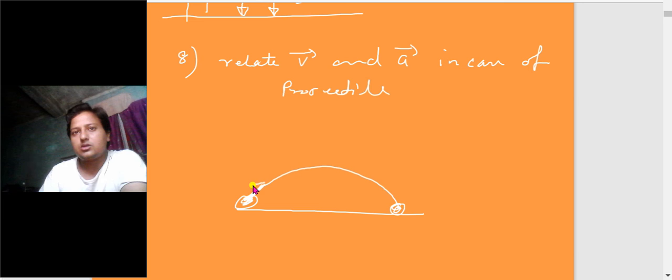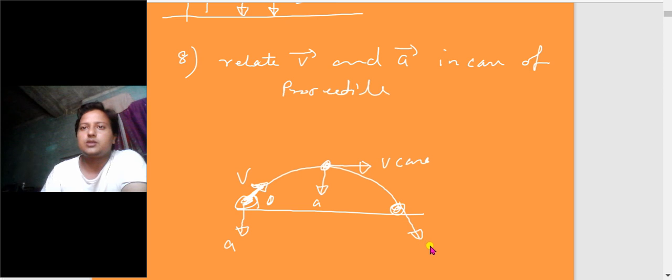As the velocity of the body is along this direction, acceleration is downward. At this point, velocity is along this and acceleration is along this. At the striking point, velocity is v, acceleration is a. At point A, this angle is obtuse. At point B, this angle is acute. At point C, this angle is 90 degrees.